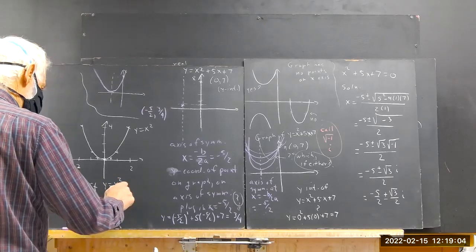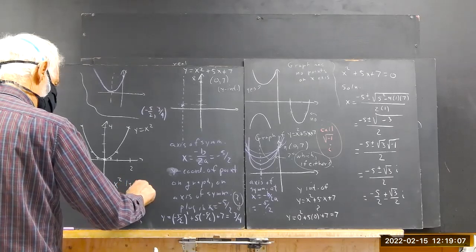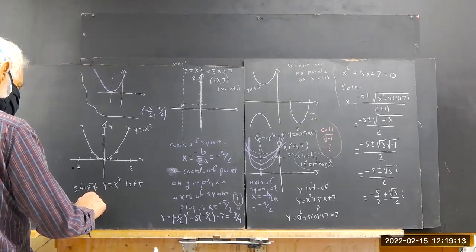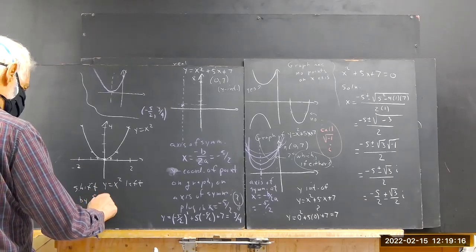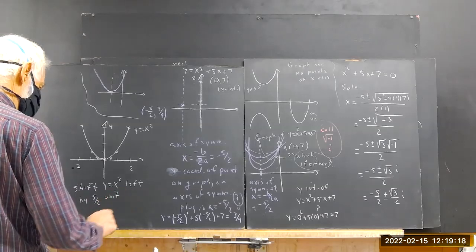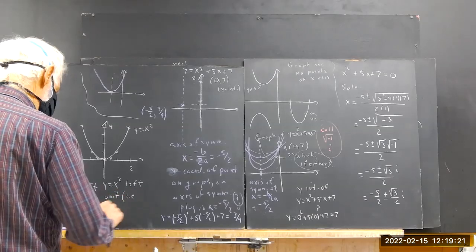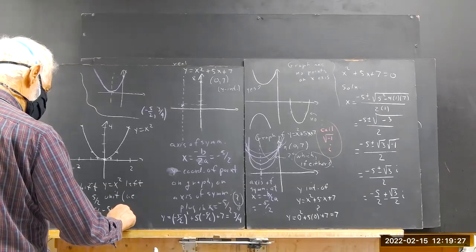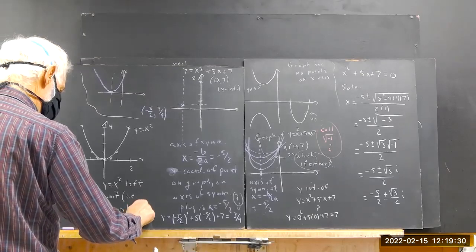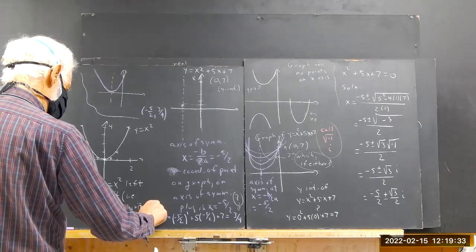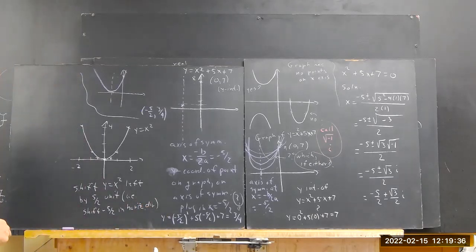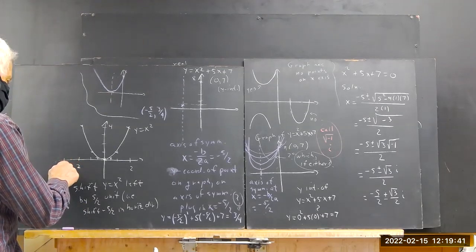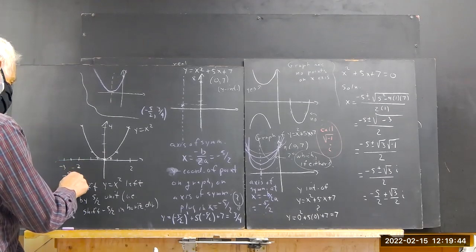Now, if we shift y equals x squared left 5/2 of a unit, that is -5/2 in the horizontal direction. -5/2 is over here. If there's -2, here's -3, and here's -5/2.